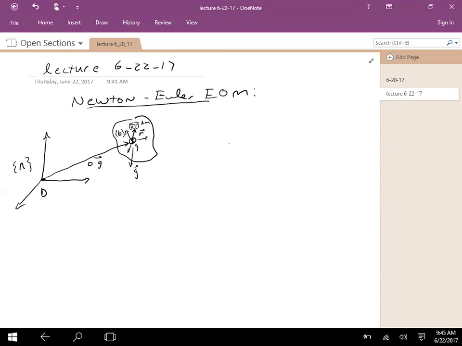So the first thing I want to do is write my Newton's equation. My Newton's equation for that particle would say the force on that particle, and it's a little differential particle, so I'll have a differential force on it, is the acceleration of that particle times dm.